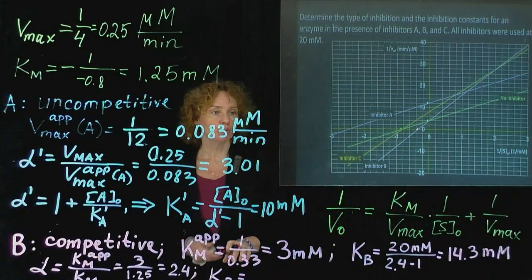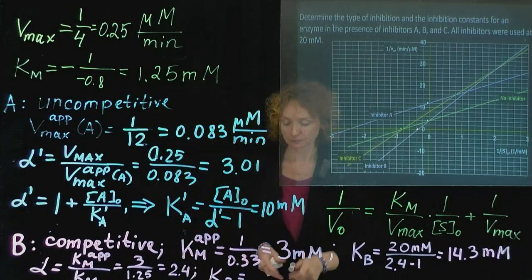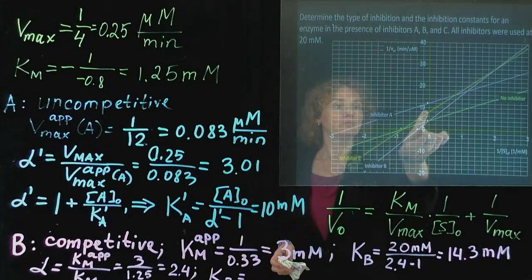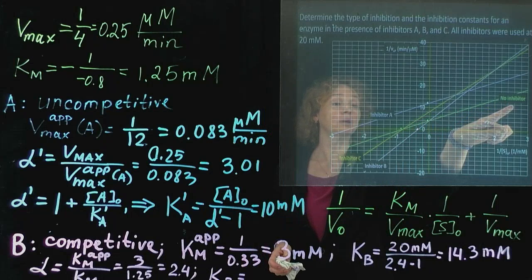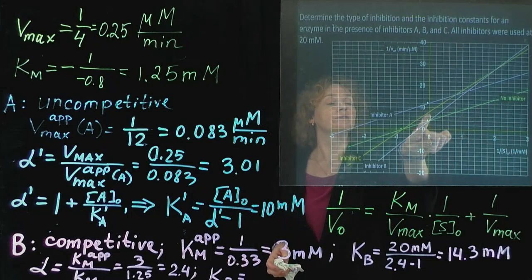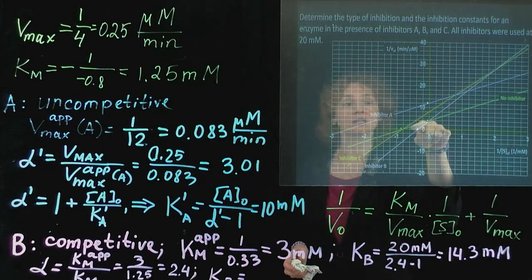And finally, we have inhibitor C. Inhibitor C has the same x-intercept as our no-inhibitor double reciprocal plot, but the y-intercept gets higher, so the maximum velocity gets smaller.